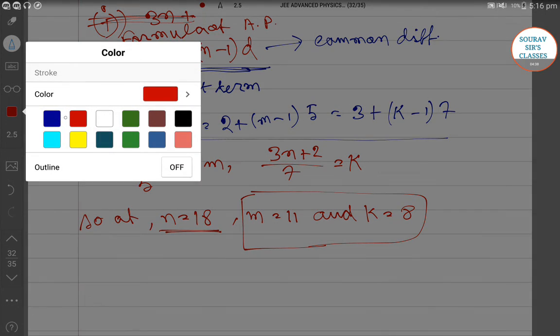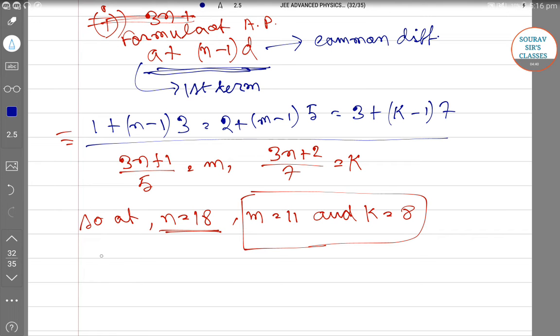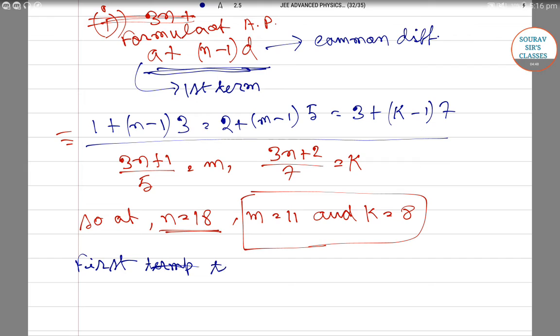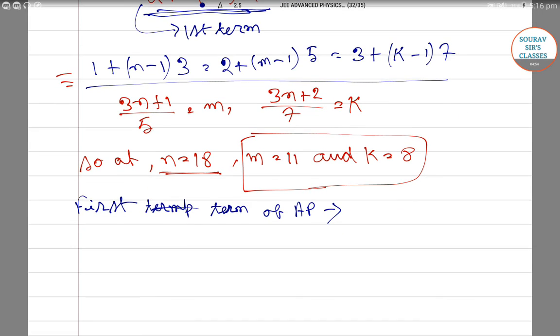So for the first term of the AP, in the first AP this is 1 plus (n minus 1) into 3 with n equals 18, that is 1 plus 17 into 3, which equals 52.